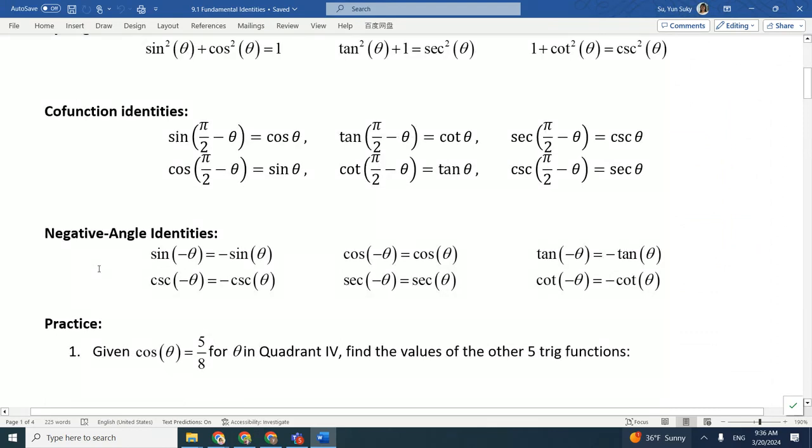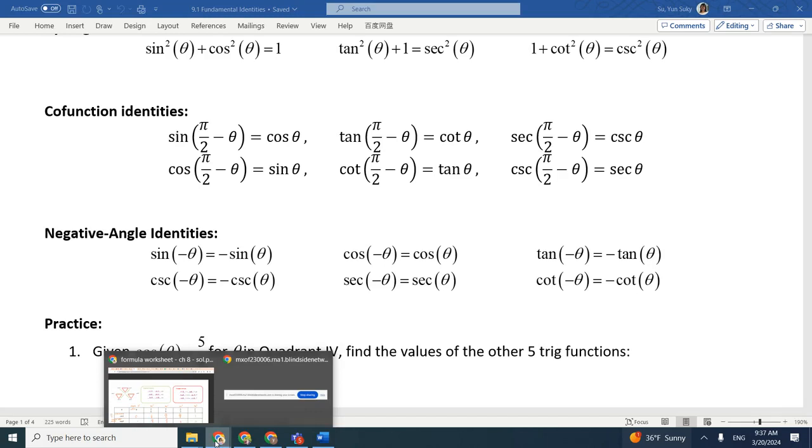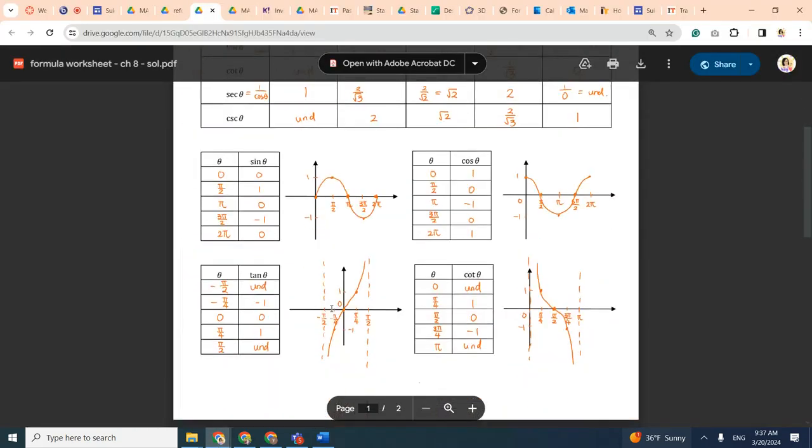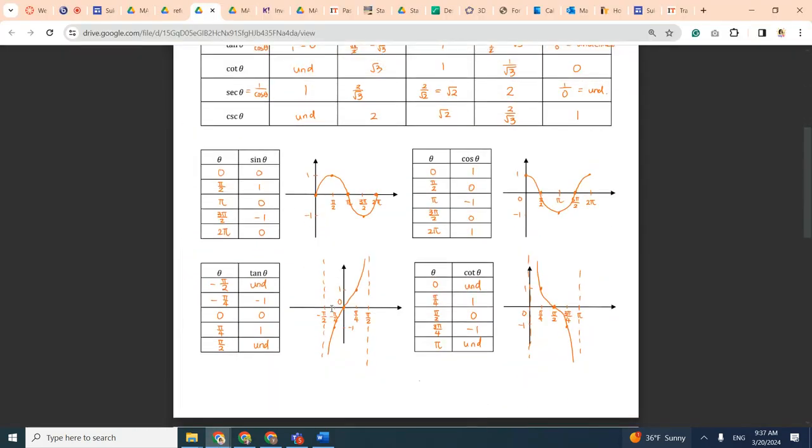And negative angle identities. Who eats the minus sign? Cosine and secant. Okay, everybody? Actually, this is also related to odd functions and even functions. Look at the picture. Sine, odd function, right? Cosine, even function, eats the negative. Yes, everybody?